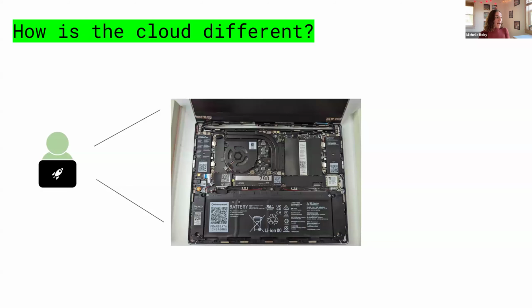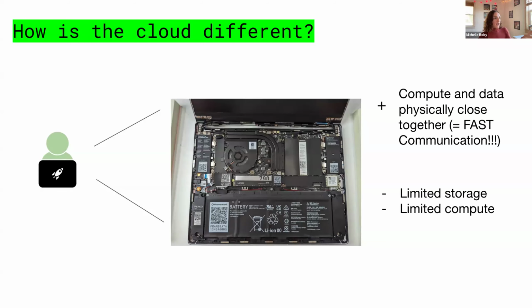So in the past, the distance between where the compute is happening and where the data is has been almost the same place. When they're physically right next to each other on the device, that transfer of data is very quick. Compute and data physically close together means fast communication between the compute you're trying to do and the actual data. But the issue is our personal devices have limited storage and limited compute as well. So it's fast, but limited.